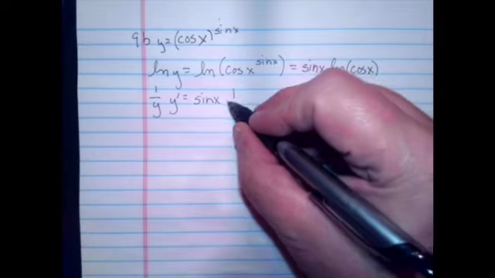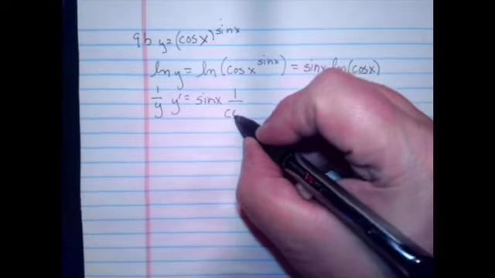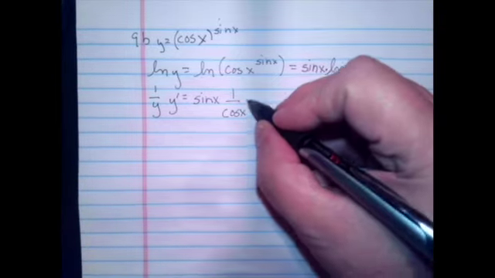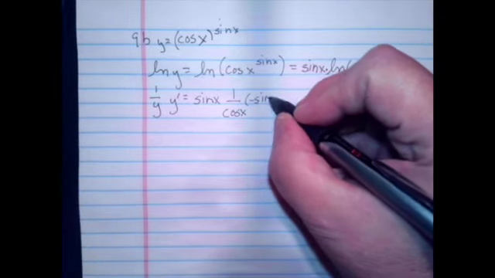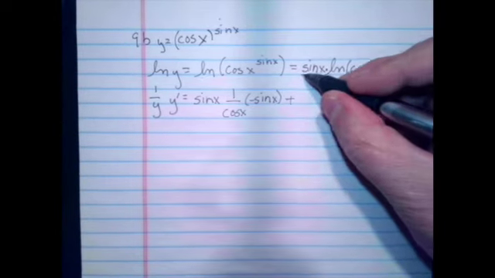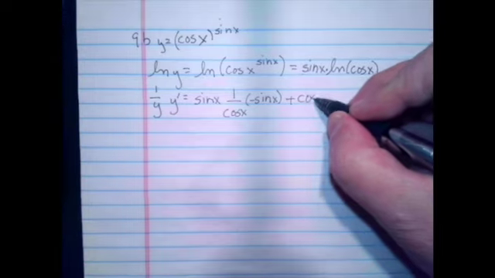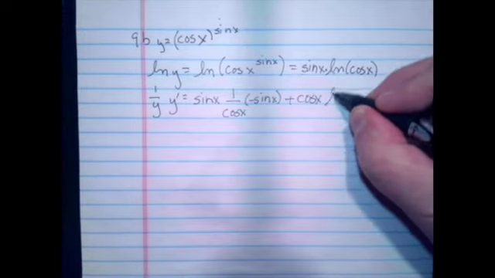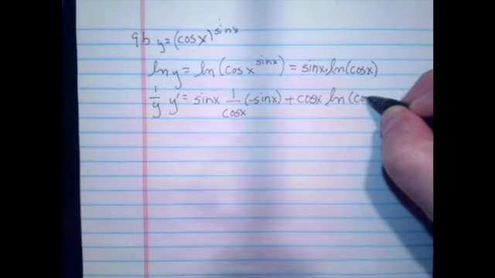That's going to be 1 over cosine x times the derivative of cosine of x, which is negative sine of x. Then we will have the derivative of the sine of x, which is cosine x, times the natural logarithm of cosine x.